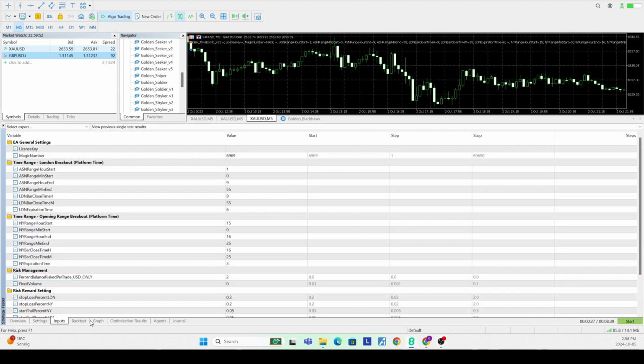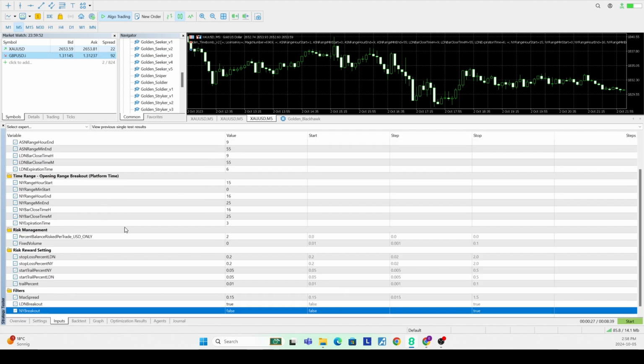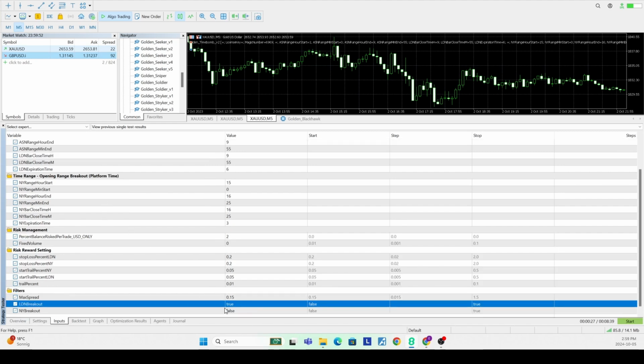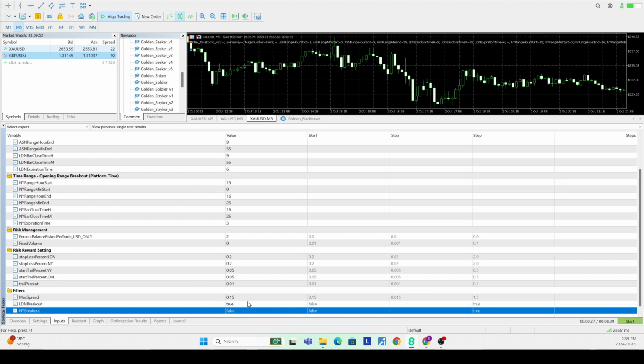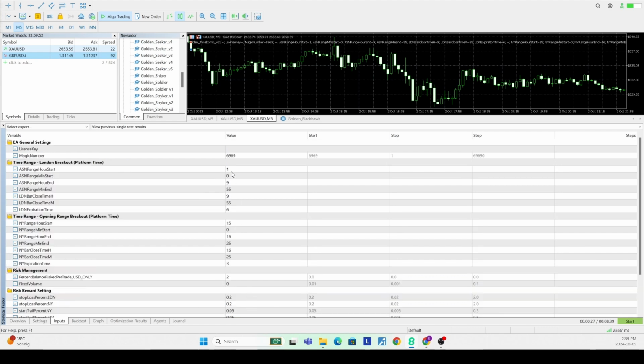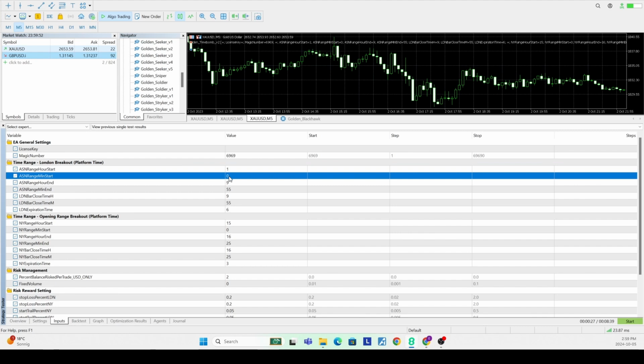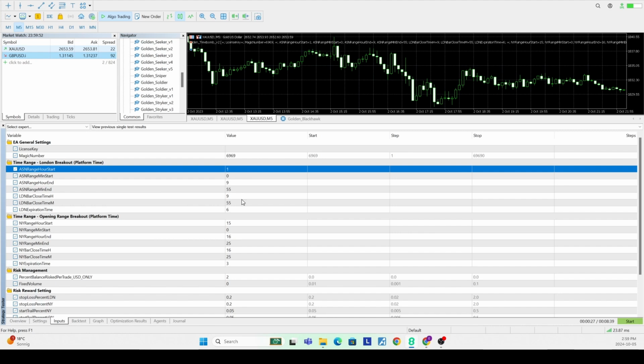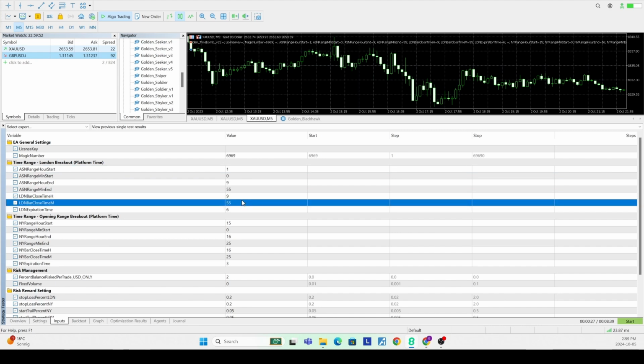Moving on, we'll go to the Inputs tab. This expert advisor is used to trade both the London breakout and the New York opening range breakout. However, as we only want to test the London breakout, we will set the New York breakout to false. We can scroll up here to verify that the range indeed matches what we saw in the PowerPoint, 1 a.m. platform time to 10 a.m. platform time.